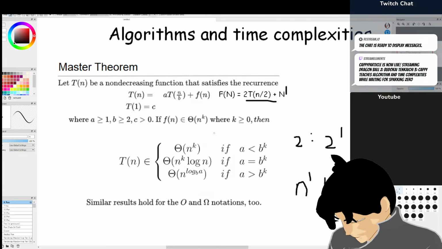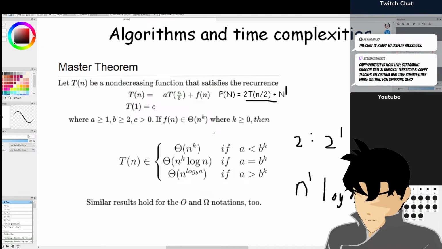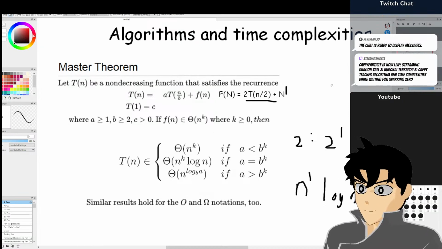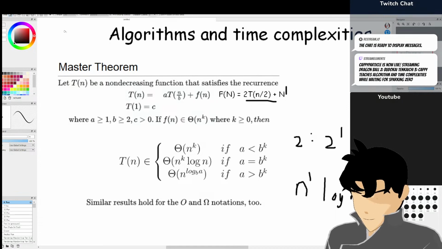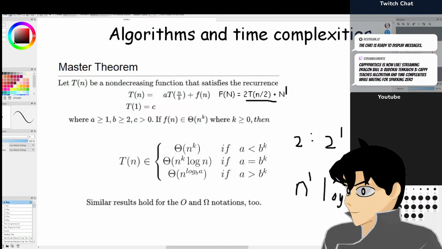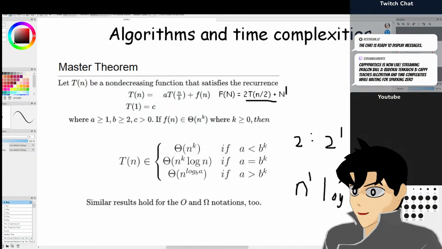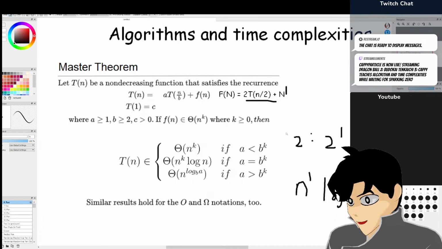Pretty simple. Alright, so from here, and then we can do other examples too.